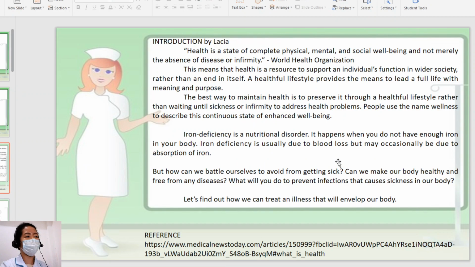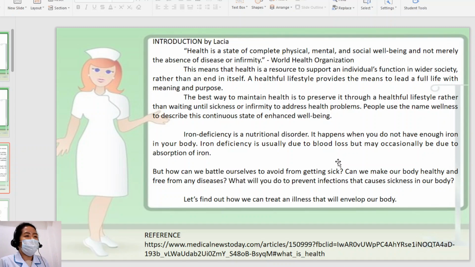Introduction. Health is a state of complete physical, mental, and social well-being, and not merely the absence of disease or infirmity, according to the World Health Organization. This means that health is a resource to support an individual's function in wider society rather than an end in itself.